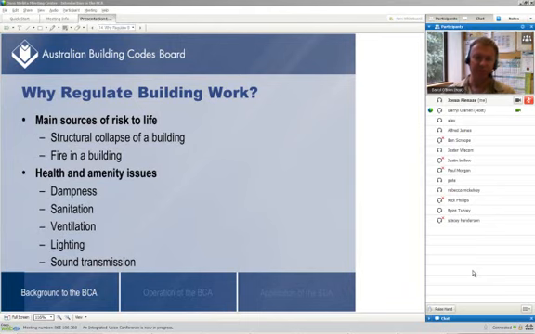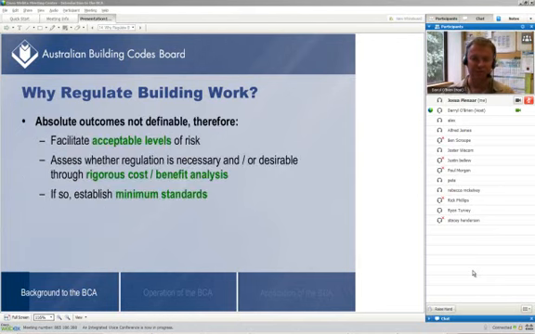And dampness can actually be quite a dangerous one. Dampness and ventilation come into a thing called sick building syndrome, where you have issues with mould. You can actually have fatalities from mould in a building. So the BCA seeks to regulate these to provide a safe environment.